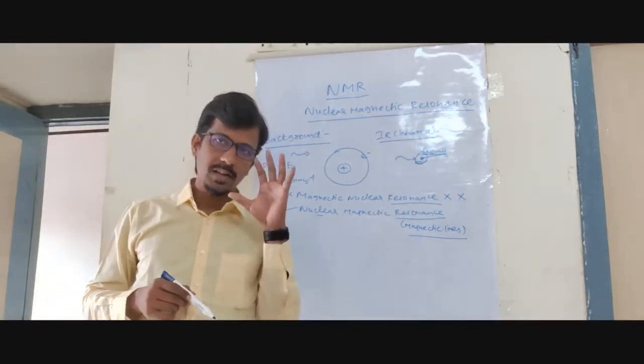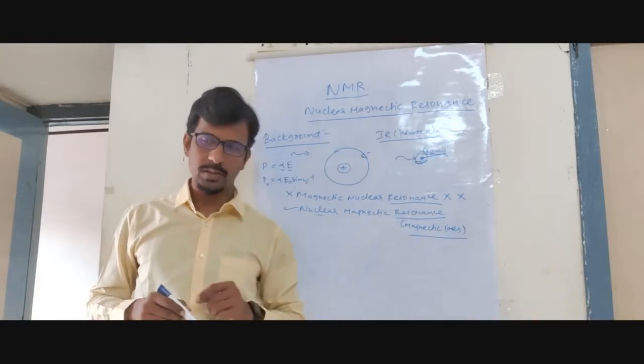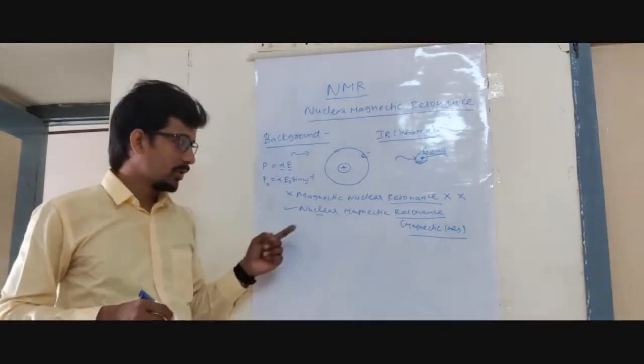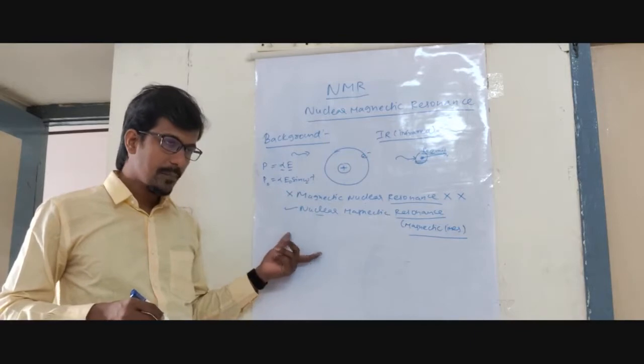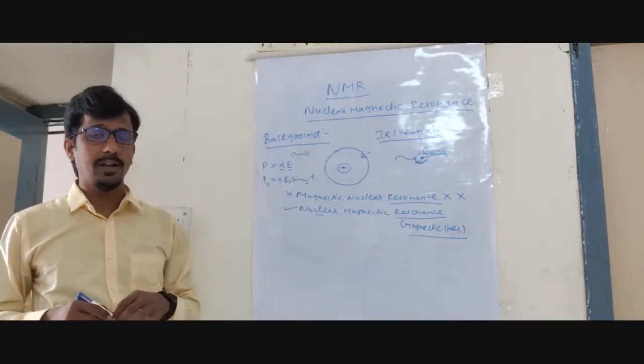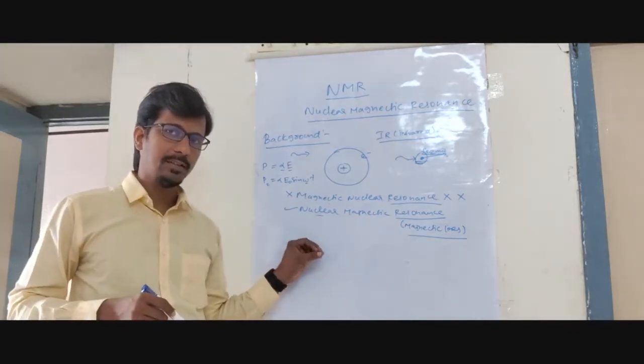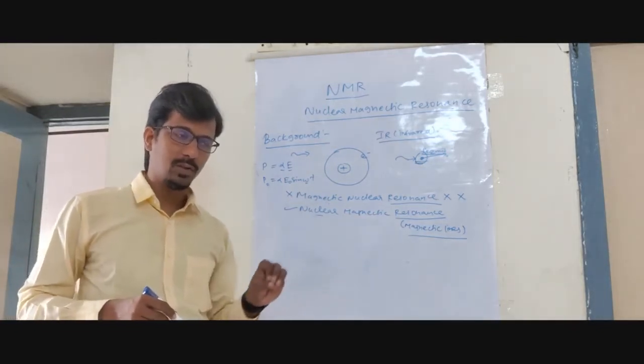So let us discuss what nuclear magnetic resonance actually means. First, please note down some fundamentals here. I will try to explain what NMR stands for, and before giving the definition, let us end the introduction with resonance.